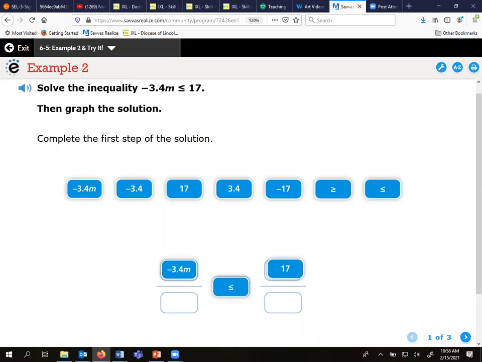We would divide by negative 3/4. Because these are multiplying, the inverse would be dividing. So we're going to divide by negative 3/4 on the left and by negative 3/4 on the right.